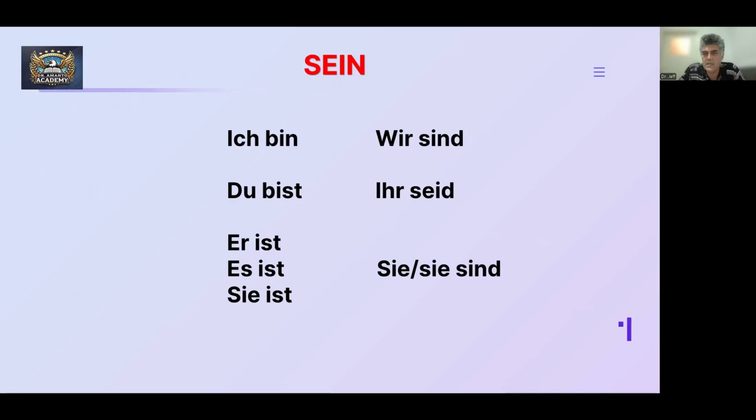Here also, as I earlier said, the D at the end is pronounced as T, like wir sind, ihr seid, like this. Sie sind Johann und Anna, zum Beispiel, for example.